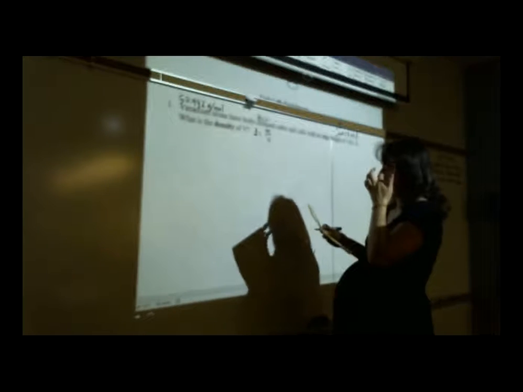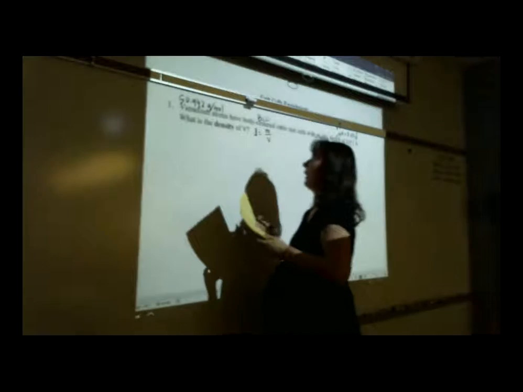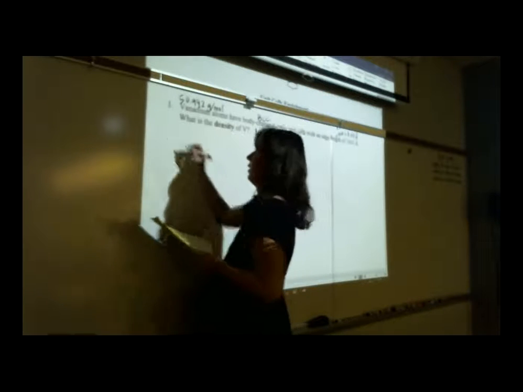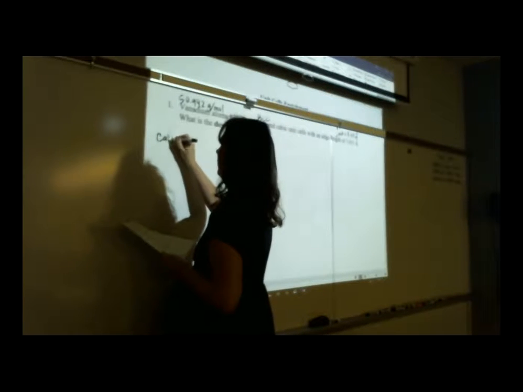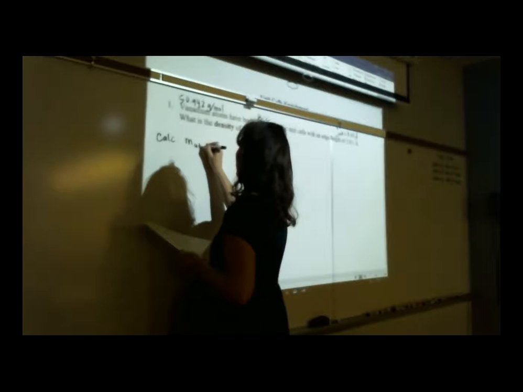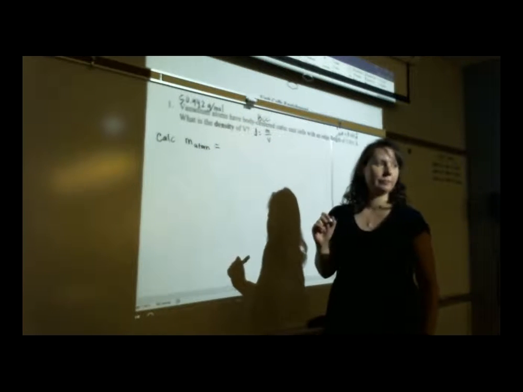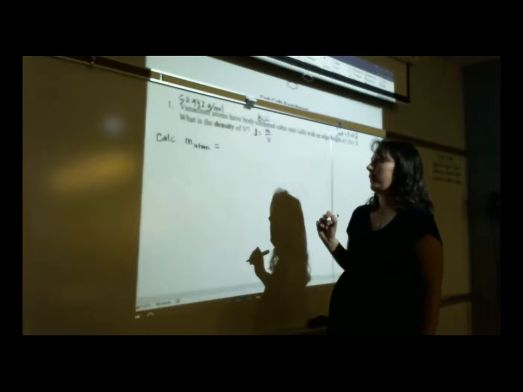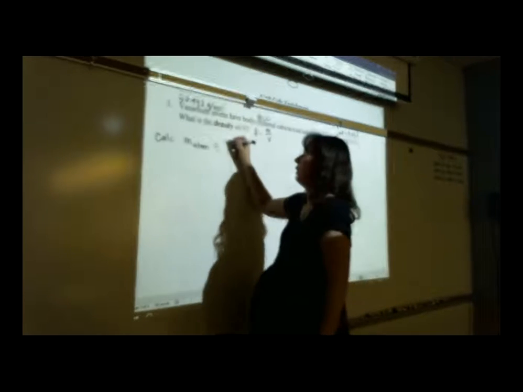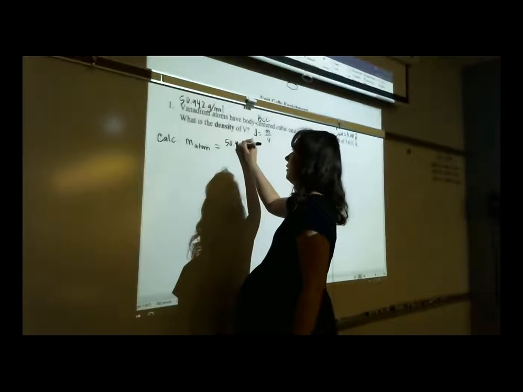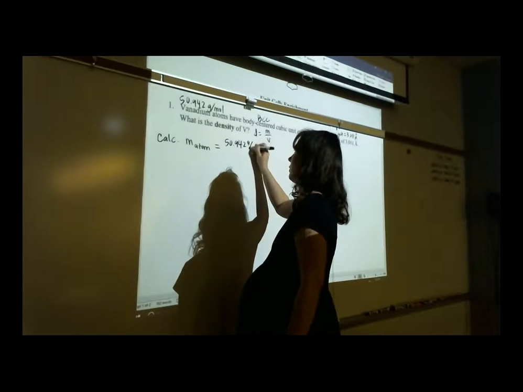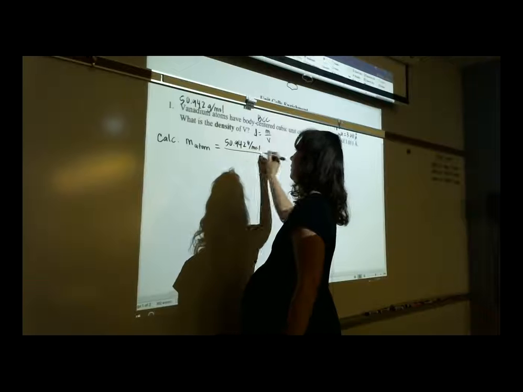So the first thing we want to do, let's do the mass part first. Let's calculate the mass of an atom. And what's the formula to get the mass of an atom? How do you do that? Mass of an atom is equal to molar mass, grams per mole, divided by what?